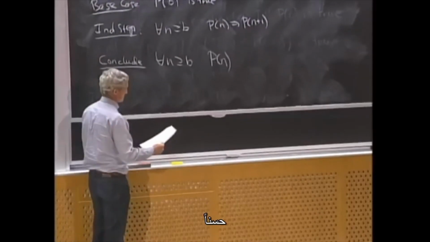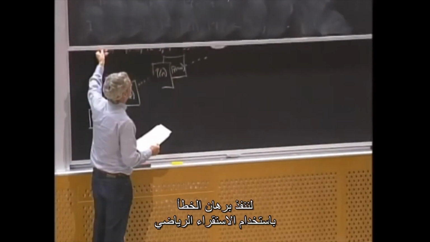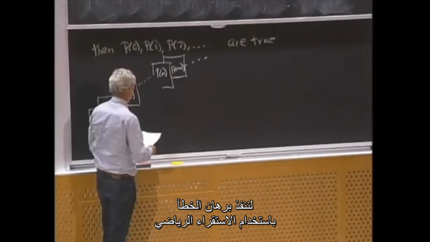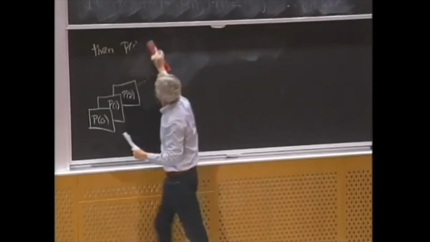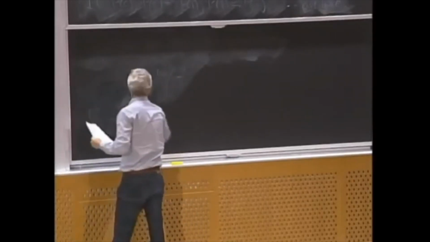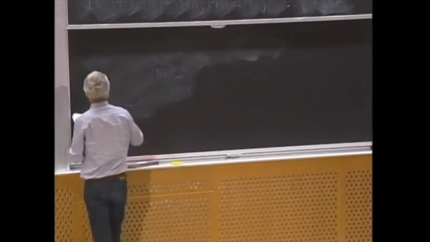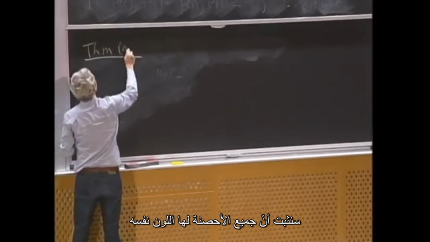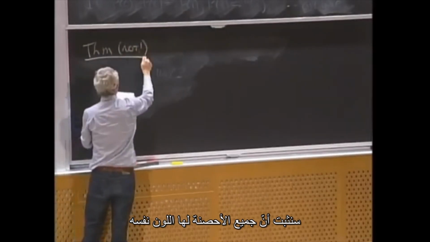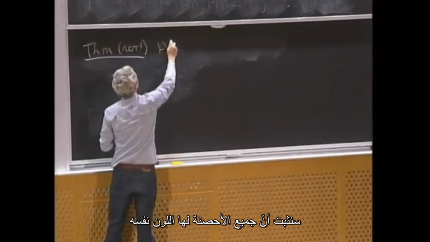All right, let's now do a false proof using induction. We're going to prove that all horses are the same color.